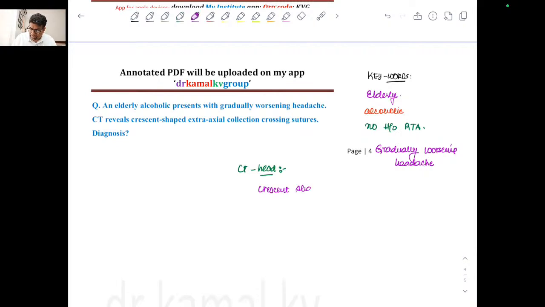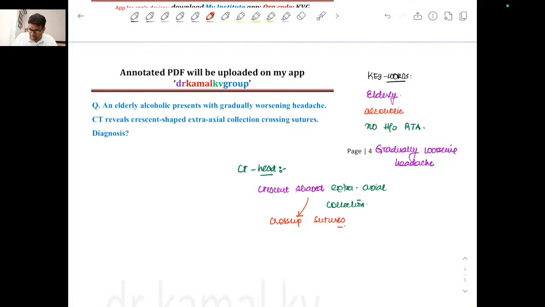Crescent shaped extra-axial collection, and this is crossing sutures of the skull. Clear? So this is what is given to you.